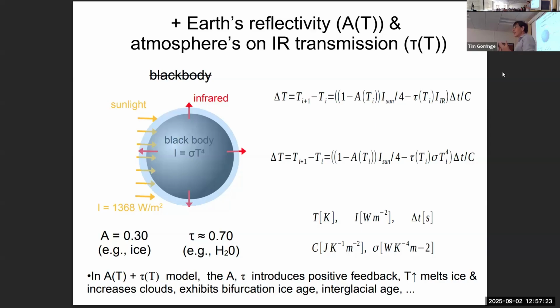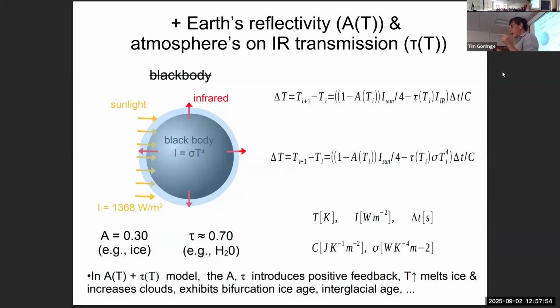So the ice effect and the cloud effect are two examples of positive feedback in the thermodynamics of the Earth. To explore those, you have to explore them numerically. You can't explore those analytically. And they lead to a number of interesting effects. For one thing, you can get a situation of bifurcation of the equilibrium temperature of the Earth.